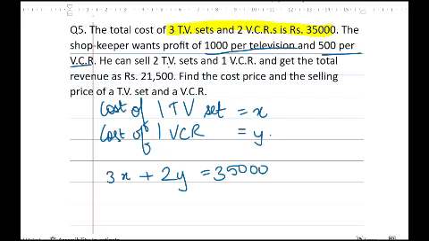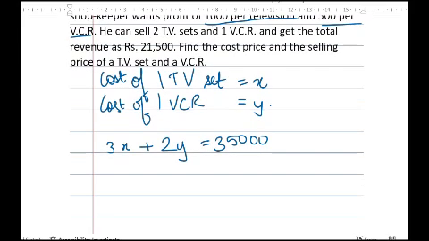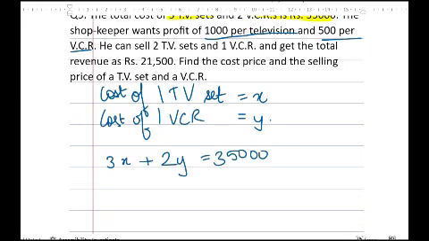The total earning is rupees 21,500. But now what we have to do here is we can't just take plain X and Y. According to this line over here, you will have to add 1,000 to X and 500 to Y to get the selling price. So this is the selling price if you're just having X and Y, the cost price. To get the selling price, you'll have to add 1,000 and 500.